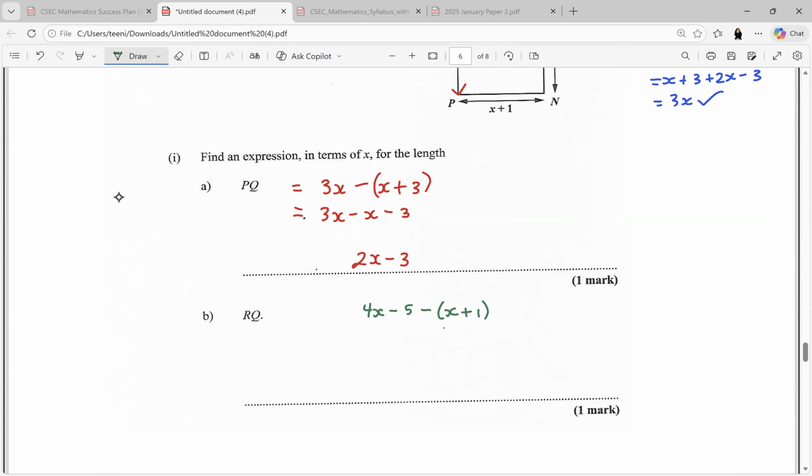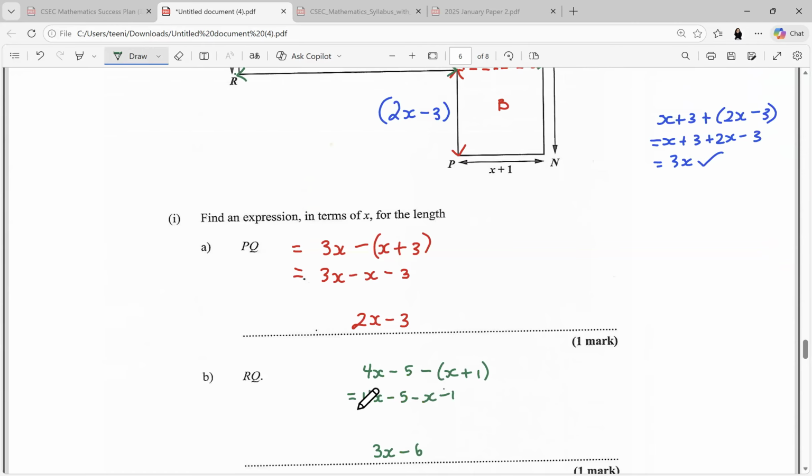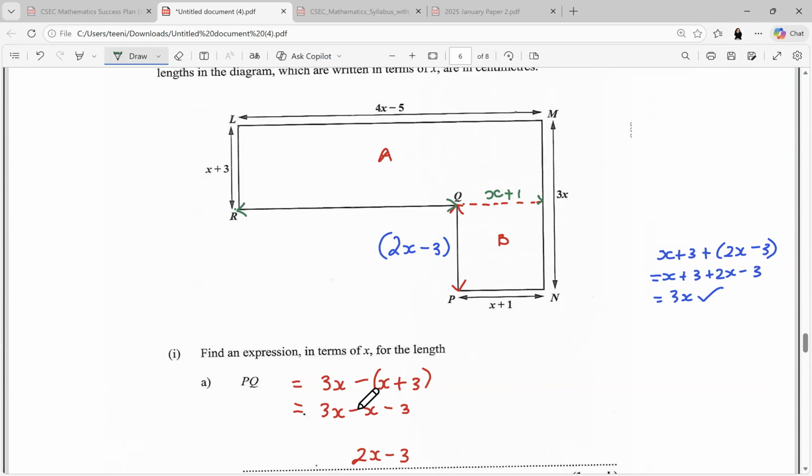All right, so let's remove our brackets. So this would be 4x take away 5, take away x, take away 1. 4x take away x is 3x, and negative 5 take away 1 is negative 6. So RQ is 3x take away 6. And again, to see if it is correct, 3x take away 6 plus x plus 1 will add up to give me 4x take away 5.